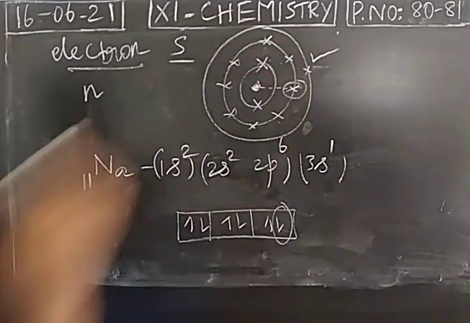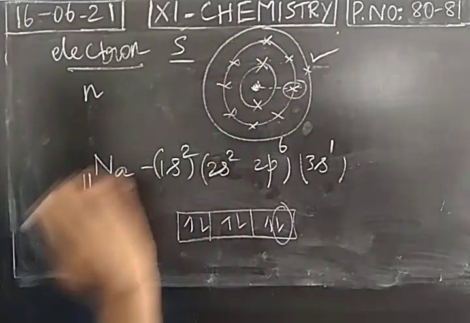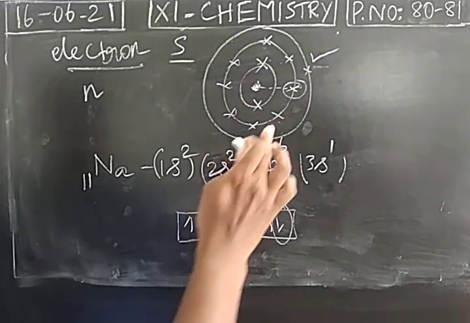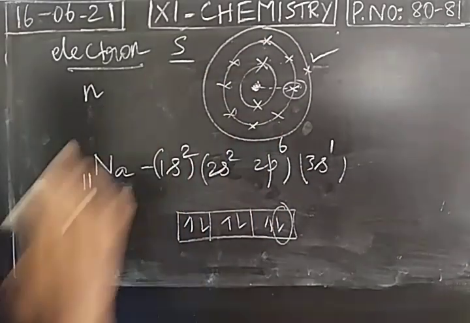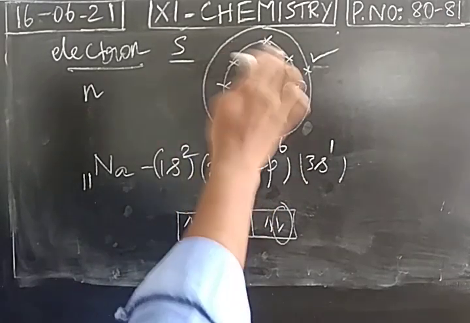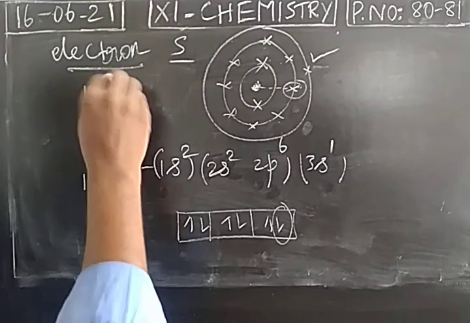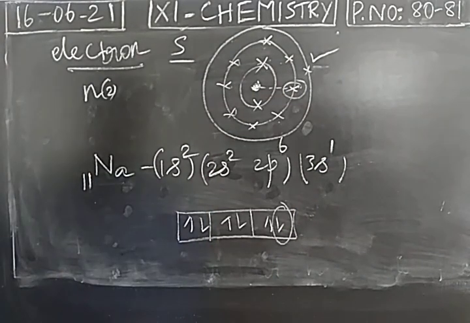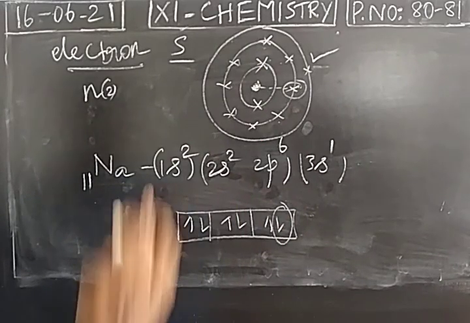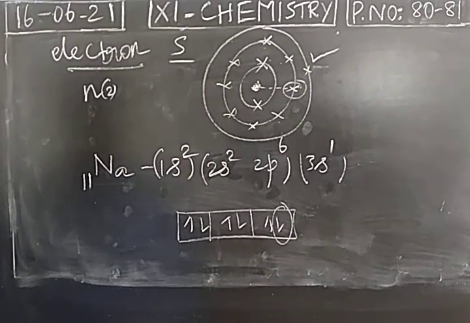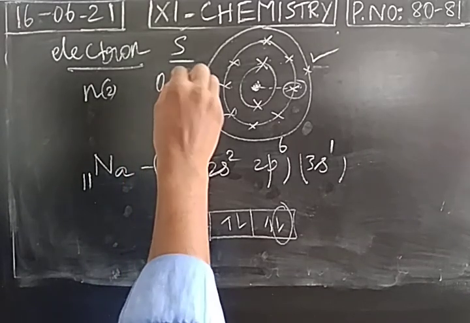So in the second shell, 7 electrons are present, they are involved in shielding. So they are responsible for the shielding effect. So all the 7 electrons in the nth shell, that means here the second shell, all the 7 electrons will contribute a value towards the screening constant. What value? 0.35.